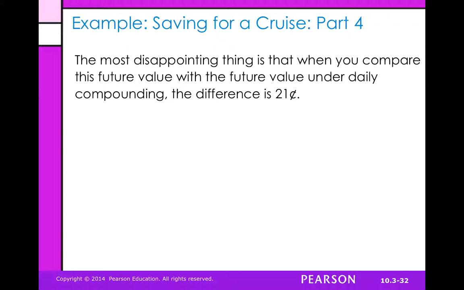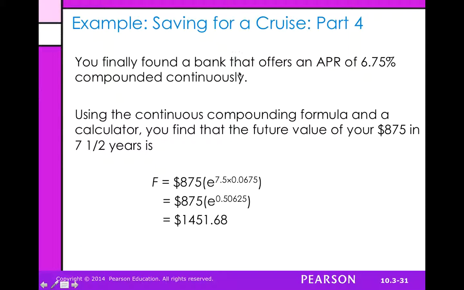So when you compare the future value with the future value under daily compounding, notice we haven't increased very much. This 1451.68 is only 21 cents higher than we got with daily compounding. So once you're willing to compound daily, compounding more often than that won't get you very much more money.